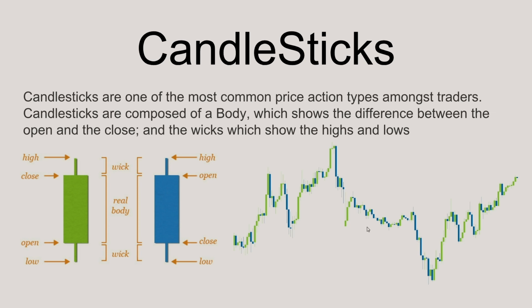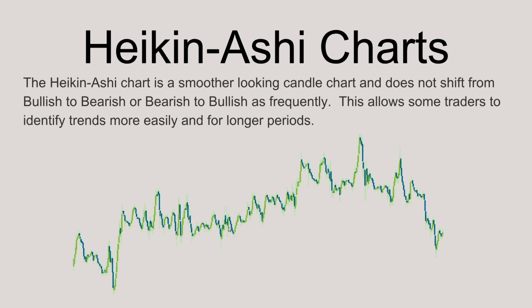I took these pictures on the same pair, same time frame and everything. We can see a little bit more fluidity to this chart right here, just because it's really composed of all of those averages going forward. And so these highs and lows that these wicks are reaching are going to be the same highs and lows that the wicks are reaching on a normal candlestick chart. It's just really the body of the candle that's going to differ because of that average-based model which it's going off of.